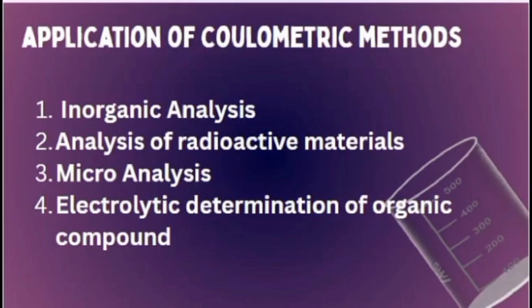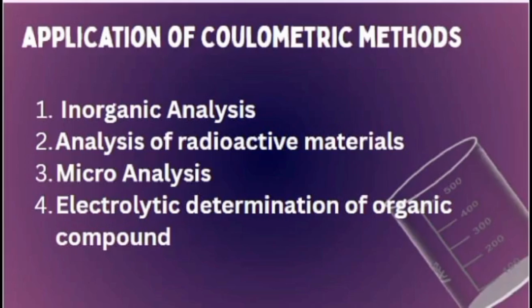So the second one is the analysis of radioactive materials. Coulometry is used to determine the amount of specific radioactive isotopes in a sample. The high accuracy and sensitivity of coulometry are particularly important when dealing with radioactive materials, where precise measurements are critical.